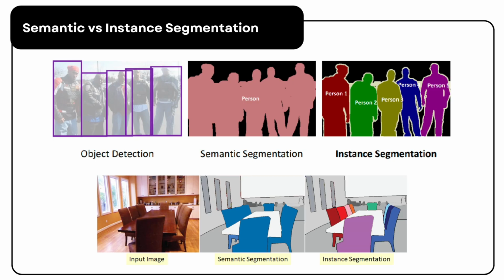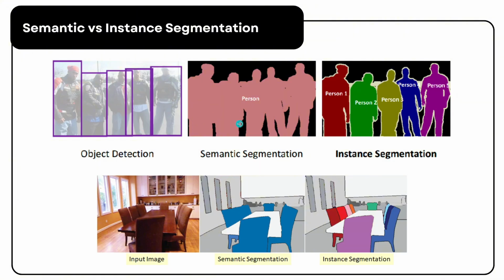As you can see on the left, the model identifies and draws bounding boxes around each detected object. However, it doesn't know the exact shape or contour of the object. It just knows where the object is roughly located. It's useful but not very precise at the pixel level.